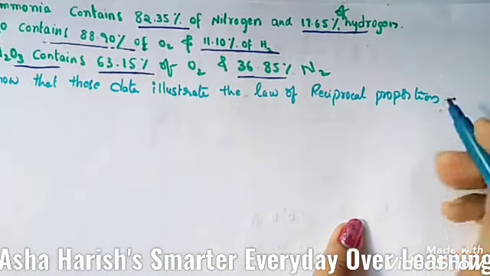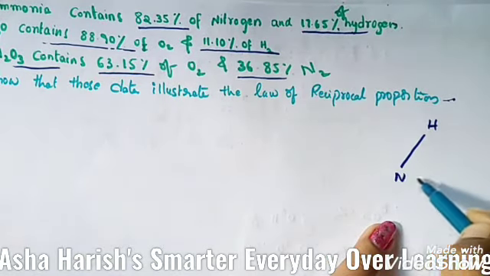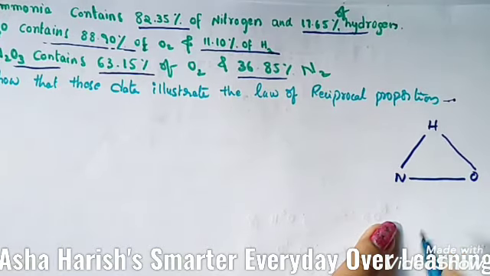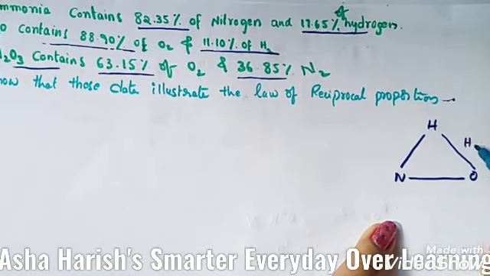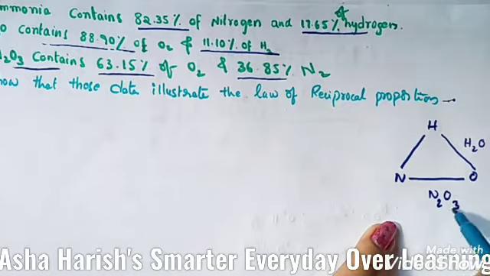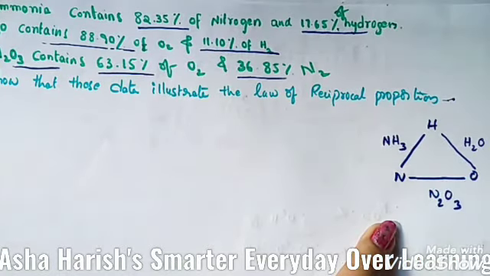Let's see the diagrammatic representation of this data. Here are the 3 elements they have given: hydrogen, nitrogen, and oxygen also. By combining hydrogen and oxygen, H2O is formed, by combining nitrogen and oxygen, nitrogen trioxide is formed, and here the formation of ammonia, NH3.